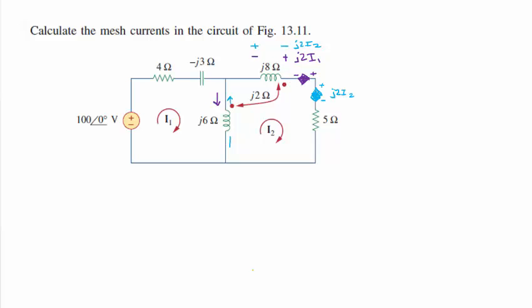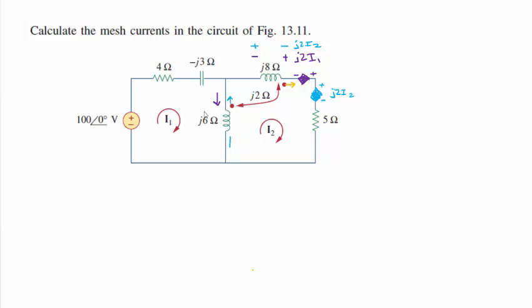So I'm going to switch colors again. I'm going to switch to this color now, and I'm going to see what the current in the second inductor is doing to the first inductor. So I2 is leaving that dot, so it induces a voltage in the other coil over here where negative is at the dot.